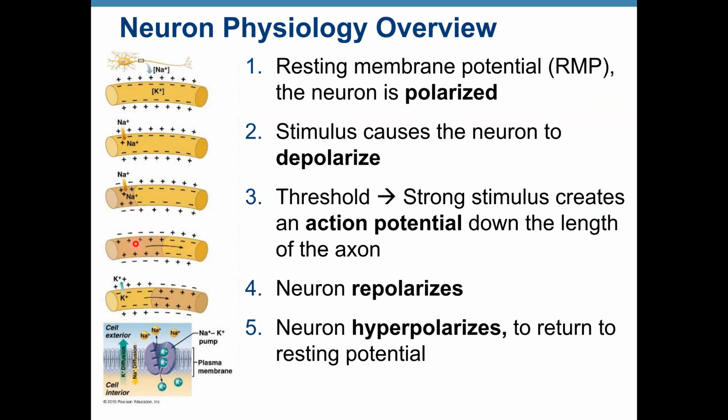So this is the action potential, positive inside, negative outside. And the action potential will actually move along the axon. So when a strong stimulus reaches threshold, it creates an action potential down the length of the axon. And then the neuron repolarizes.